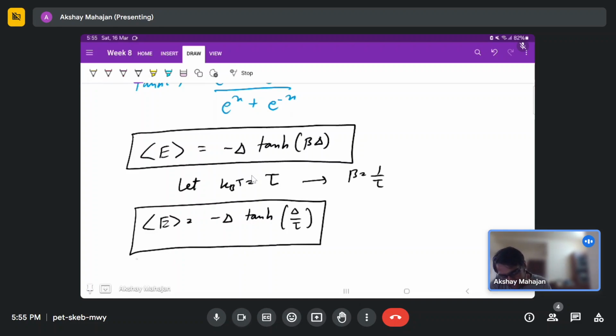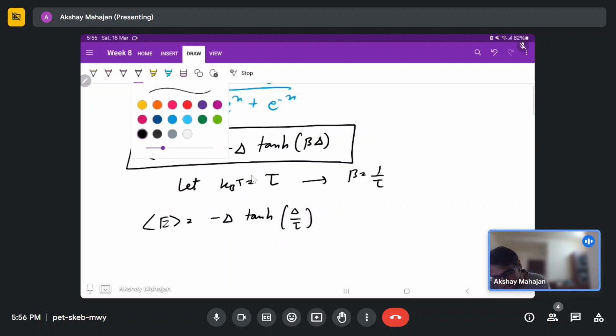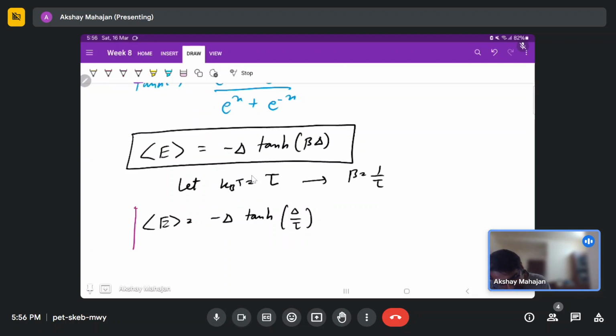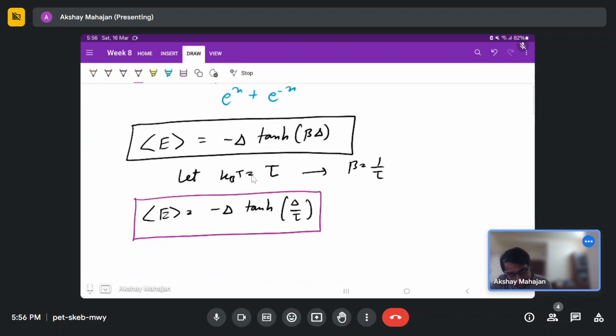Let us go with this one, because you have to take a differentiation with respect to T. So instead of beta, let's just call kBT as tau, and you will see why.